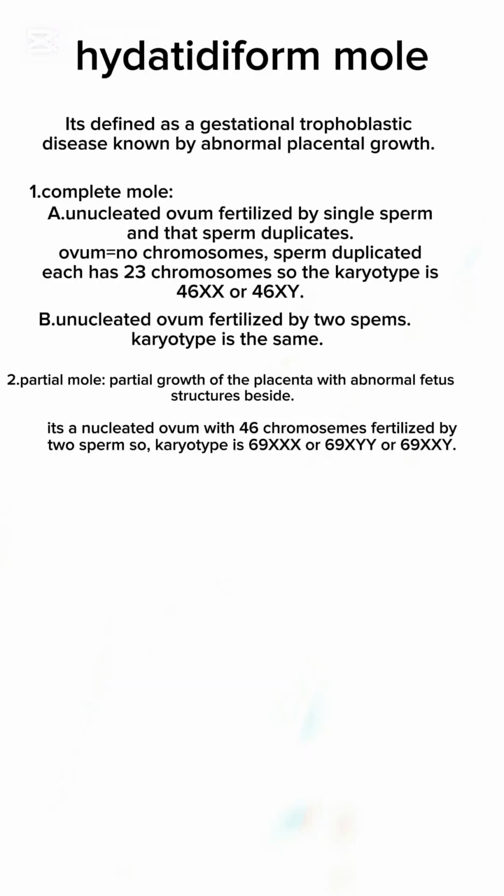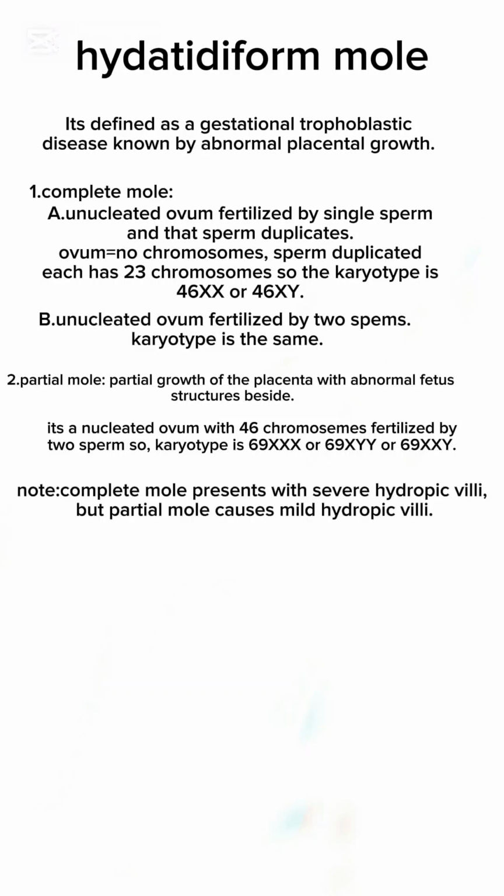So what's the difference between complete and partial mole? In complete mole, an unnucleated ovum is fertilized either by one sperm that duplicates or by two sperm. But in partial mole, a normal ovum with 23 chromosomes is fertilized by two sperms. The complete mole has a diploid number of chromosomes, but the partial mole has a triploid number.